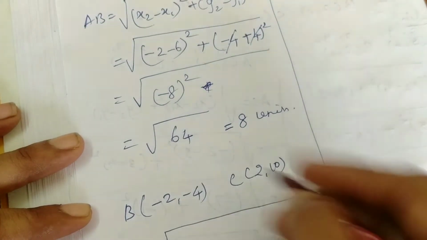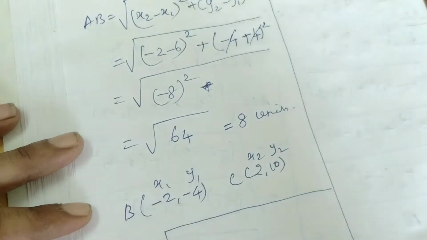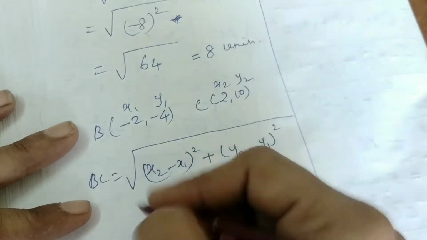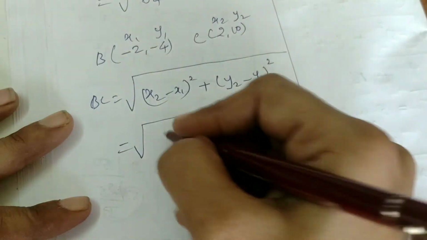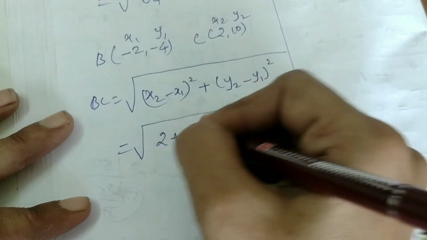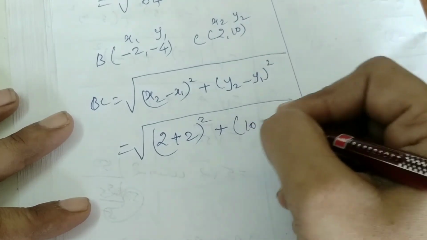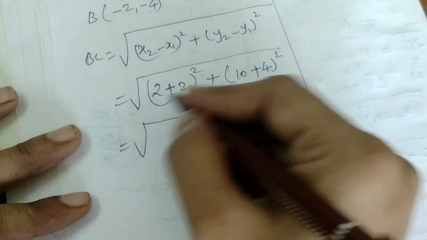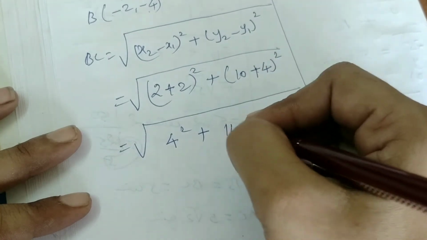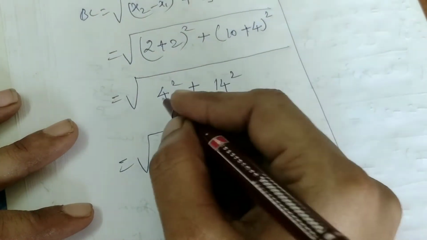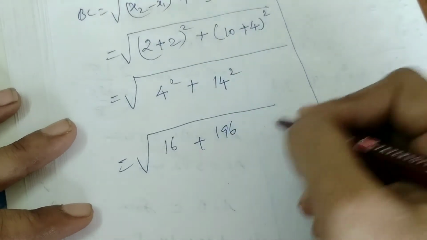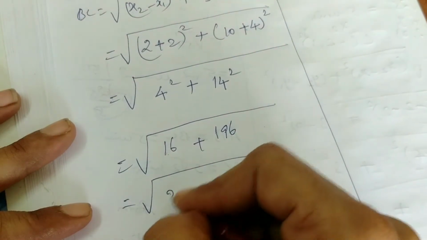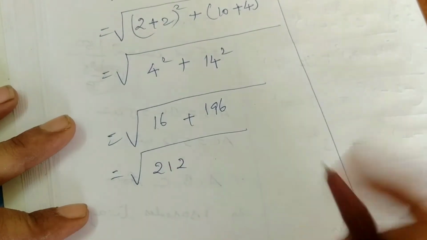BC equals square root of (x2 minus x1) the whole square plus (y2 minus y1) the whole square, equal to square root of (2 minus of minus 2, so plus 2) the whole square plus (10 minus of minus 4, so plus 4) the whole square, equal to square root of 4 square plus 14 square. 4 square is 16, 14 square is 196, so square root of 212.